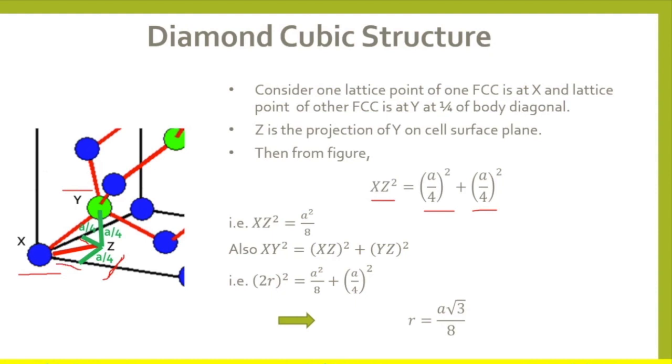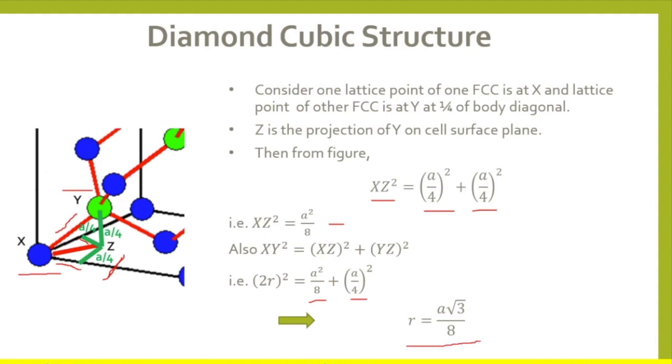So xz squared will be a squared by 8. Also xy squared, which is here, will be equal to xz squared plus yz squared. So xz squared is equal to a squared by 8, and yz, as we have seen from the figure, is a/4. Solving this we will get the radius of the atom, which is a√3/8.